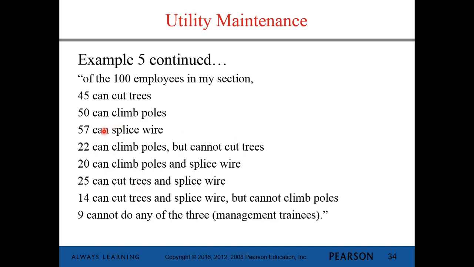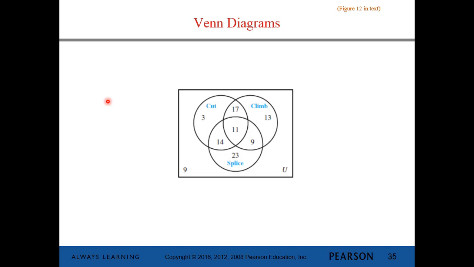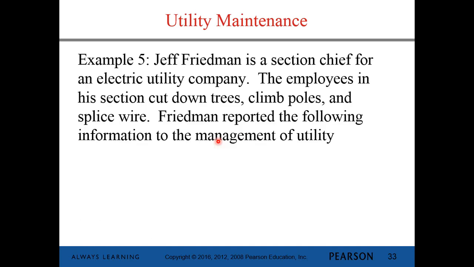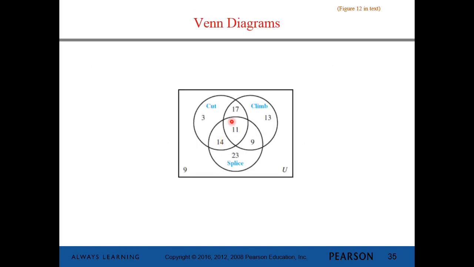Here, 22 can climb poles, but cannot cut trees. Climb poles, but not cut down trees. Okay, so that's going to be these two.